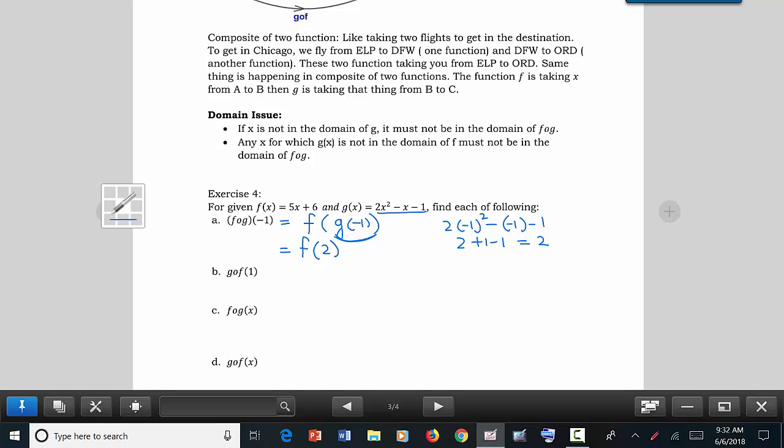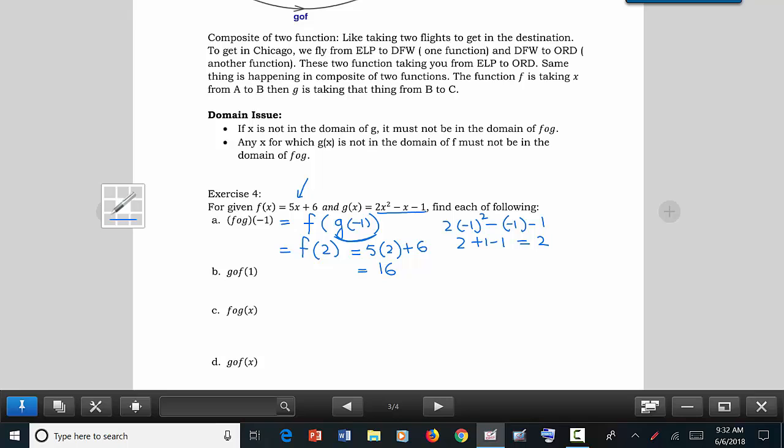That means g is gone because we already got the value. So f of 2 is, now we use this function. So let's plug 2 for x. So it becomes 16.